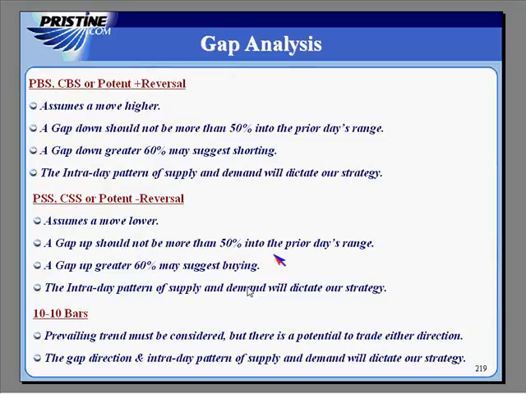If it gaps up too much, we would have a failed setup, which would suggest we reconsider the sell side and look at the long side. Same thing, look at the intraday patterns, and we'll do this for 10-10 bars as well. We look at how that formed intraday, and then that'll form our strategy as to how we're going to play that gap.